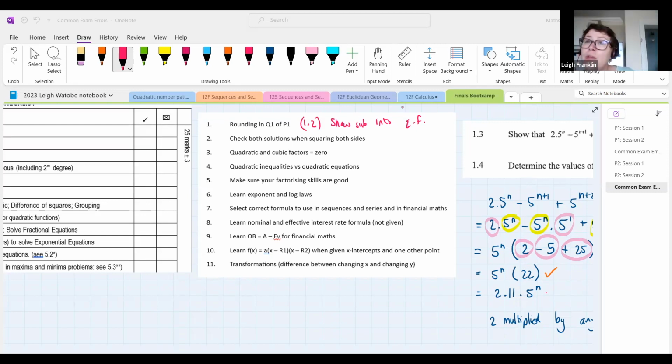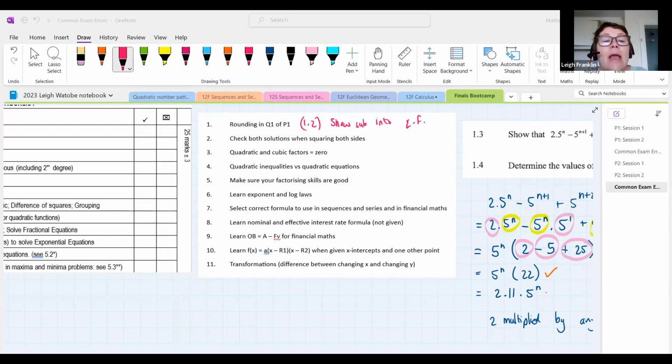Do you want me to do another example of a quadratic inequality, or are we good? Just one more example. Okay, all right, that's fine. That's not a problem. Yes, an example. Okay, cool. So I've got one here. Let me just grab it quickly. There we go. One second, guys.